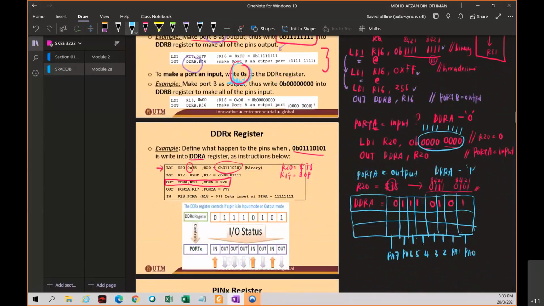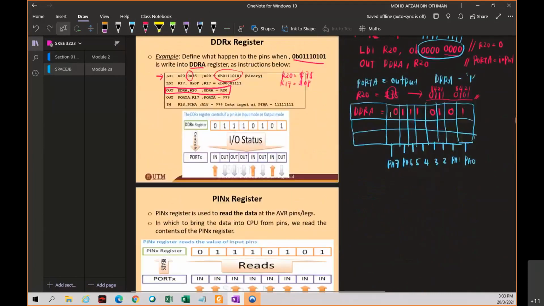So what happen here? Apa yang berlaku? Siapa nak tolong? PA7. PA7 ni sekarang ni jadi apa? Sebab kamu hantar kosong ni ke PA7. So what happen? PA7 akan jadi input ke output? Anyone? Input. Okay, dia akan jadi input.